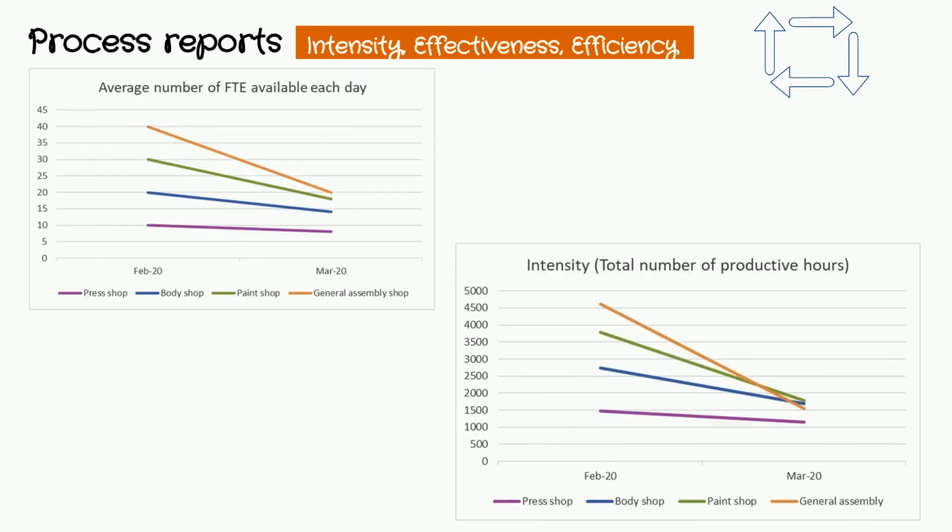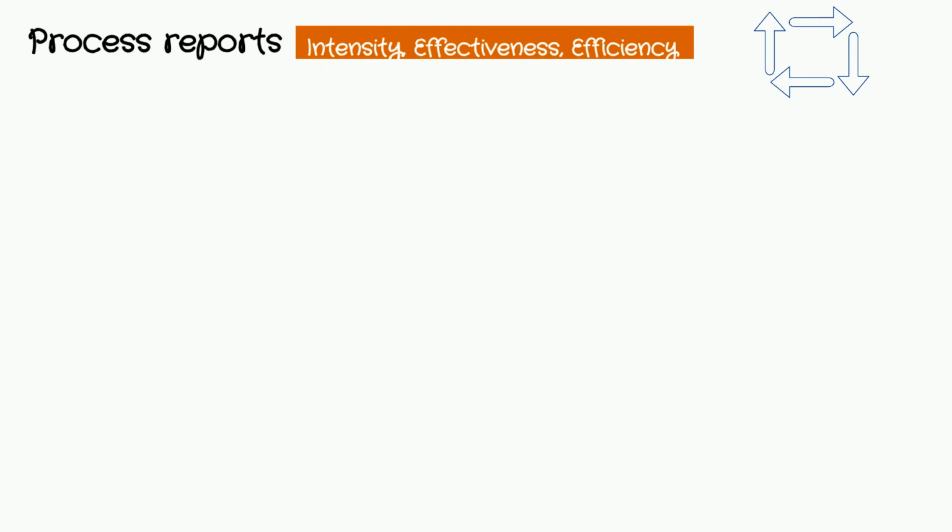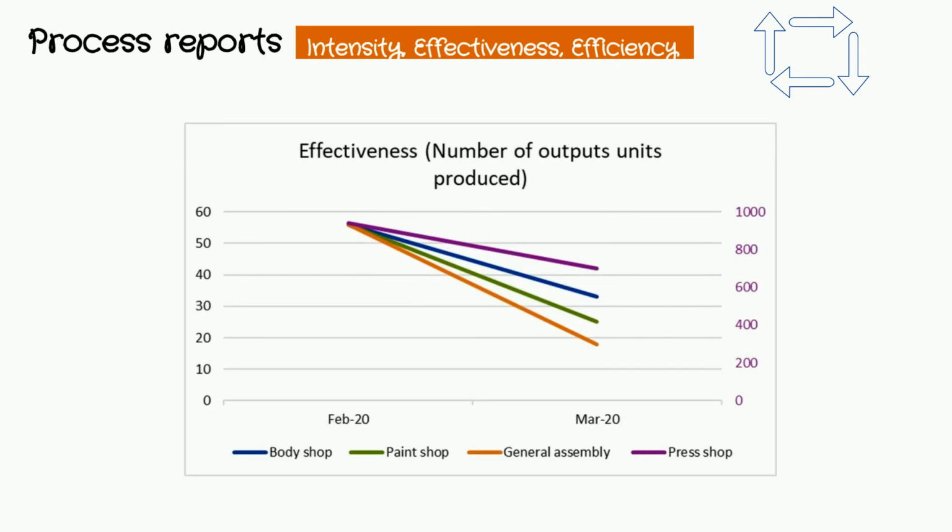We can look at intensity reports, which in this case shows a decline at an even higher rate in March 20 compared to availability of FTE. This could be because there is more time spent on sanitizing machine parts and wearing personal protective equipment due to COVID-19. Effectiveness reports can show number of output units produced per unit time period.